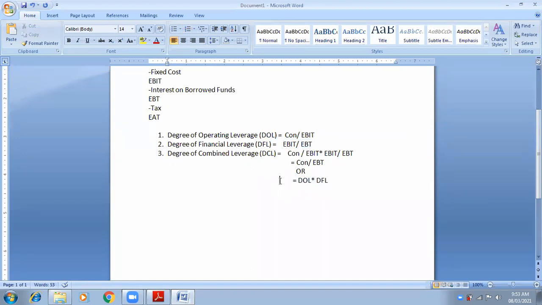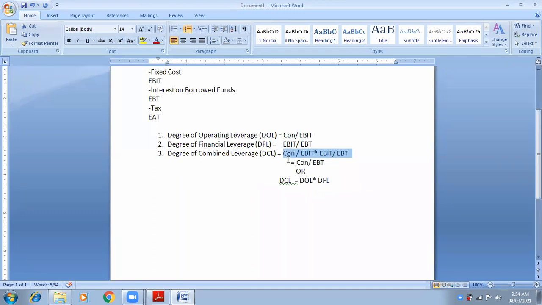What will be your answer? DCL. Is it clear, everybody? Yes or no? Yes, ma'am. Clear. So how many formulas for DCL? Two. One is contribution upon EBT. How did we calculate contribution upon EBT? This is what I was explaining through this highlighted part.